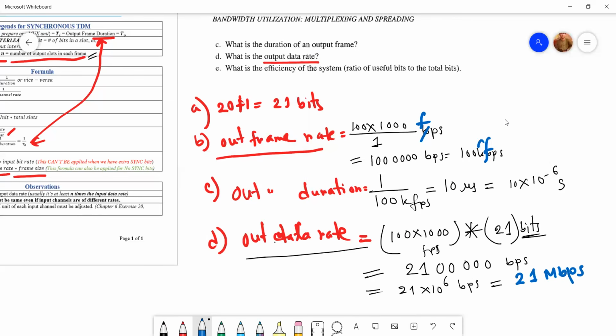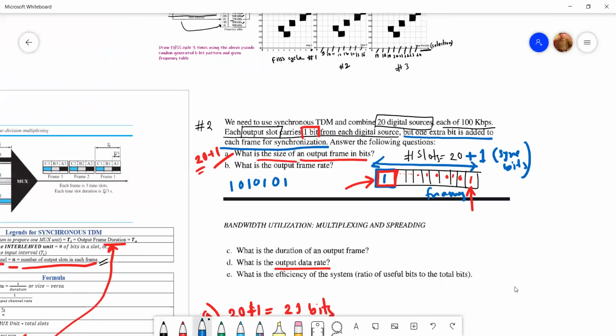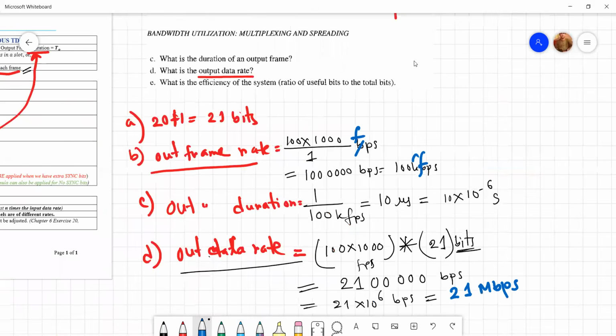This could be 20 Mbps if the synchronization part was not added. If you could simply make 100 kbps into 20, so that will be your 2 Mbps or something. I think I made a mistake.